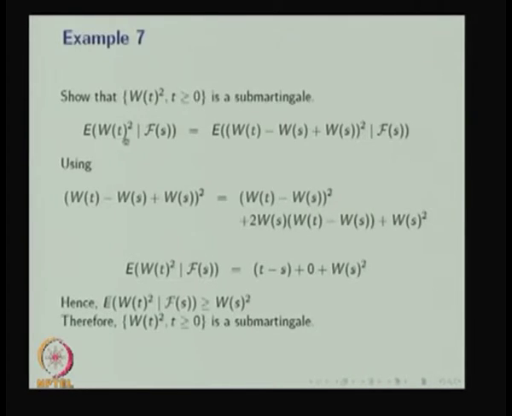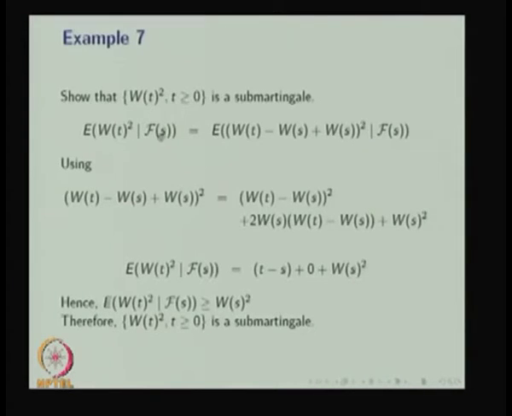The conditional expectation of Wt whole square given F of s: you add one term and subtract one term, that is plus Ws minus Ws inside the Wt whole square. Using the identity, Wt minus Ws plus Ws whole square will be same as Wt minus Ws whole square plus 2 times Ws times Wt minus Ws plus Ws whole square. Why am I doing this way of adjustment? Because I am going to use the property that non-overlapping intervals are independent.